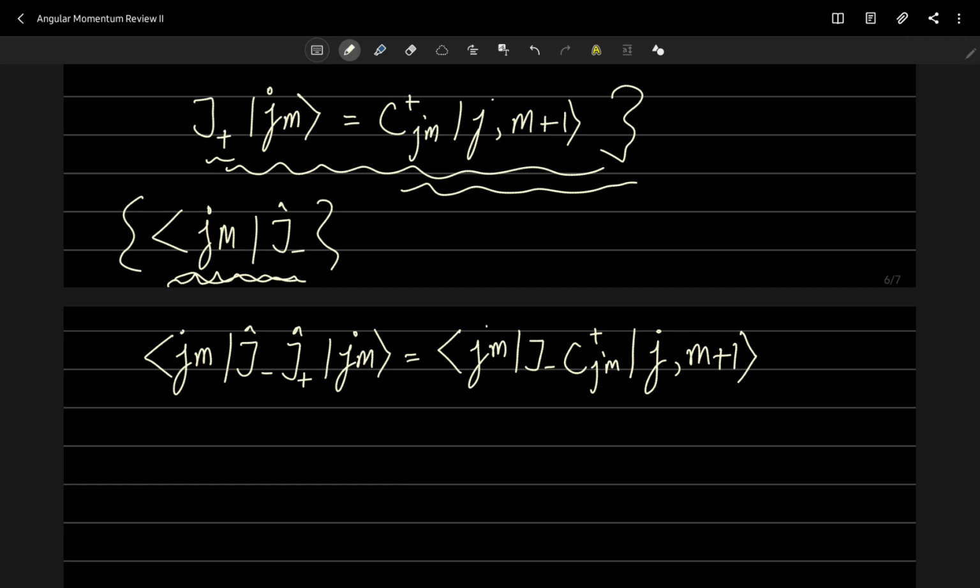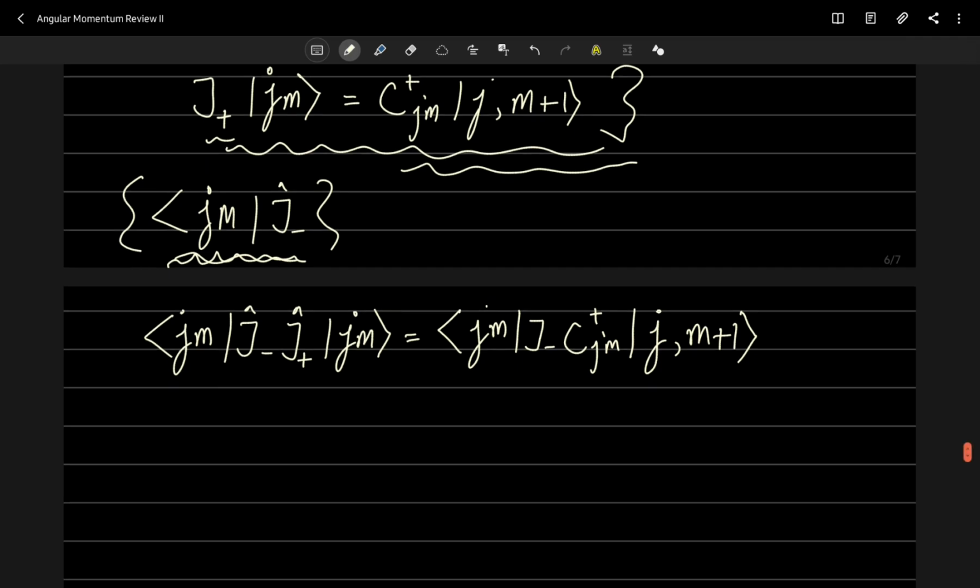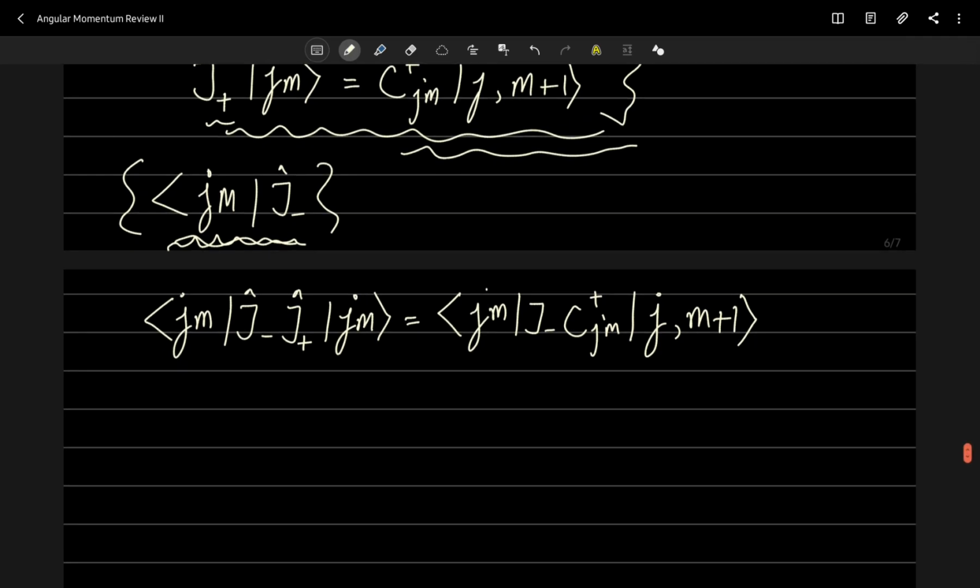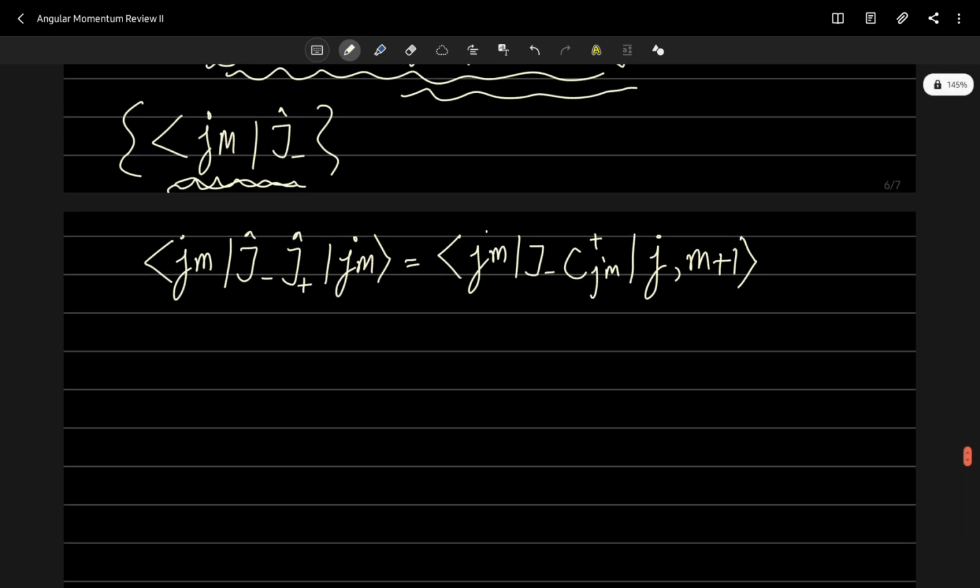Okay, so if you look at this now, this thing actually becomes this right hand side.